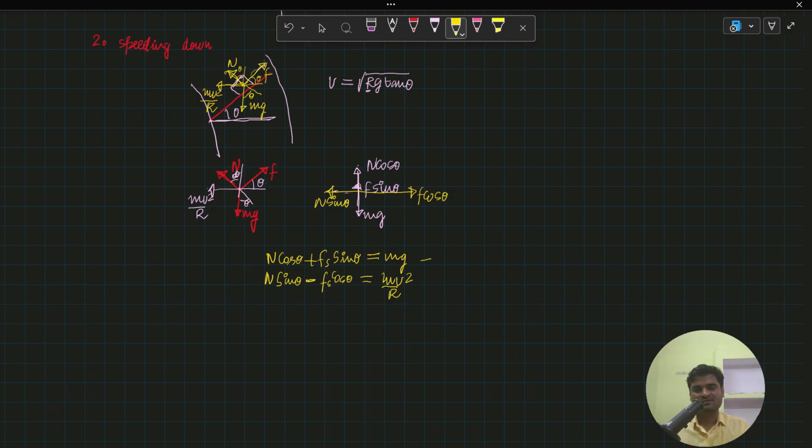After dividing equation 2 by equation 1, this is the operation we are doing.